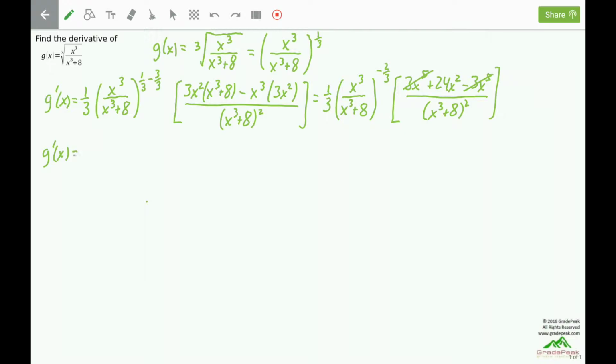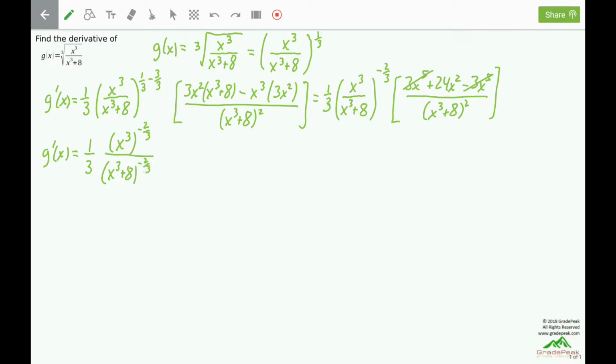So g prime of x will equal, I have a 1/3. I'm now going to separate the x cubed, and it'll be to the negative 2/3 power over the x cubed plus 8, also to the negative 2/3 power.